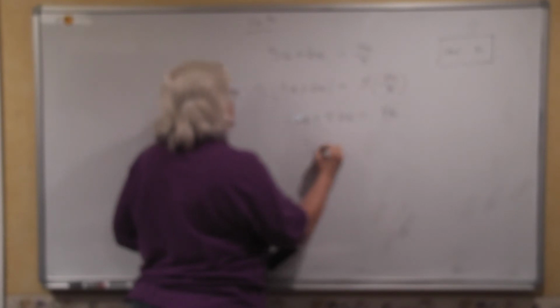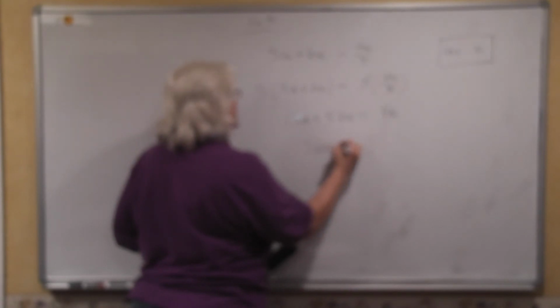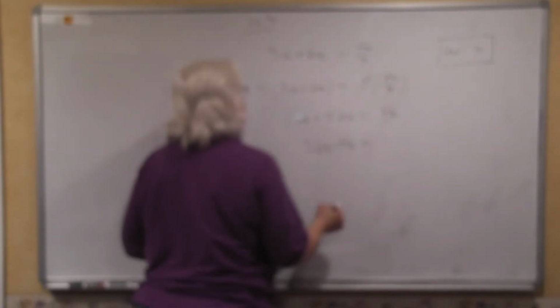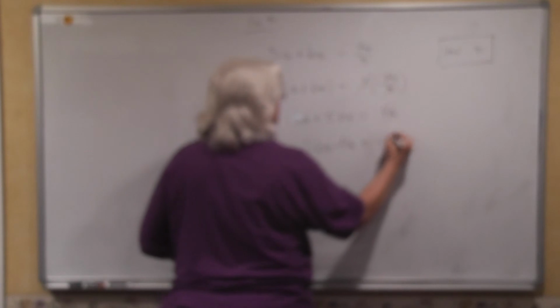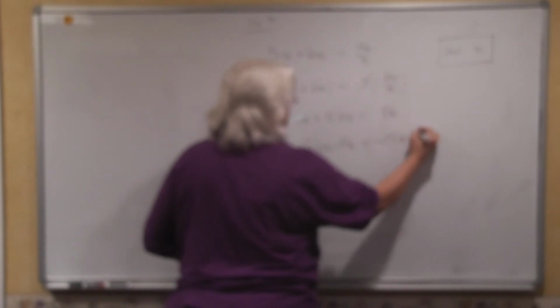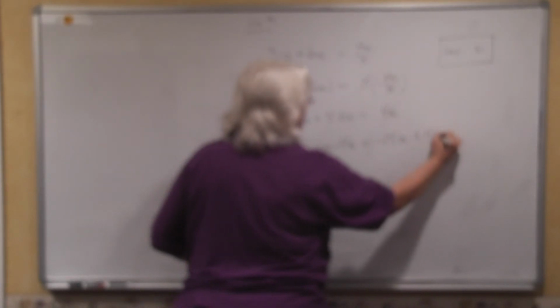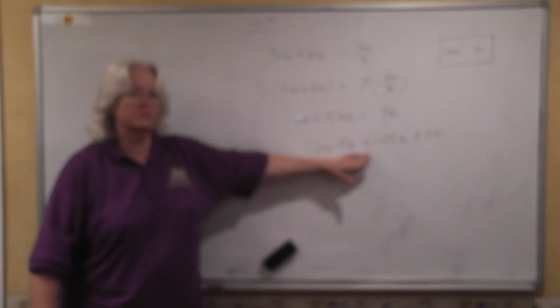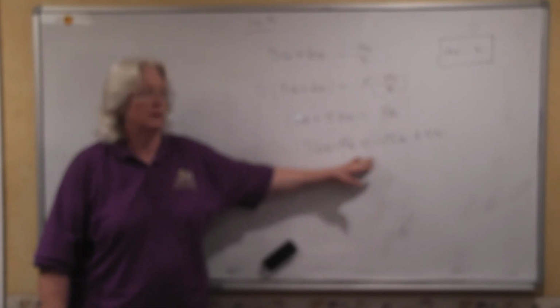So we have 5bx minus 4x is equal to negative 15a plus 4x. Everyone see what I did there? You make sure that you're good with that while I verify that I'm okay with what I did. All right?